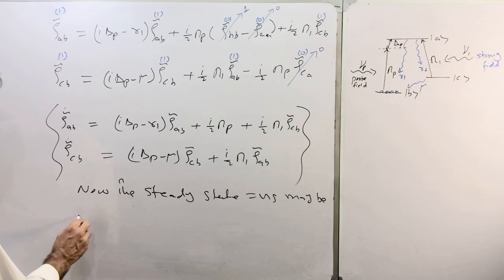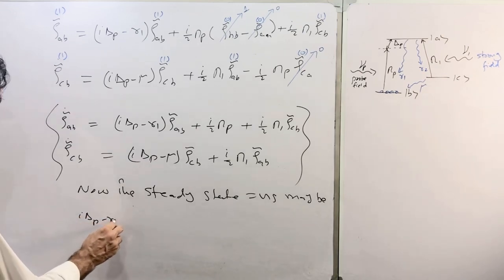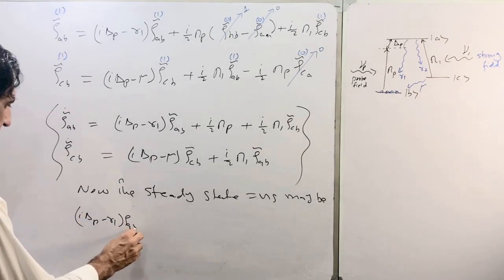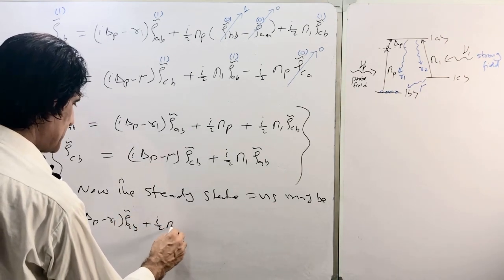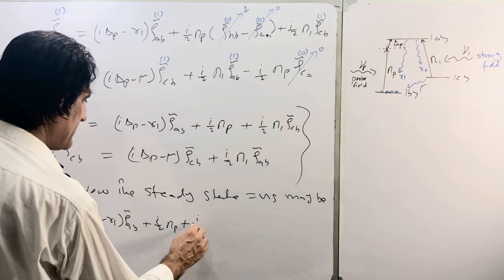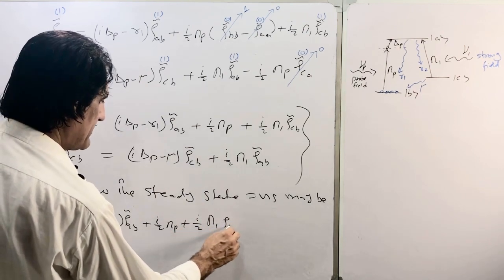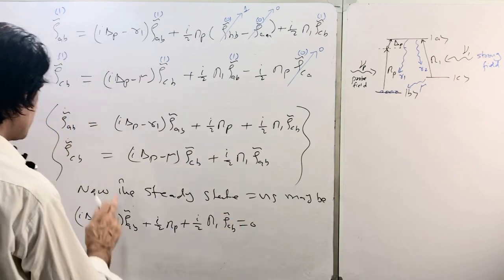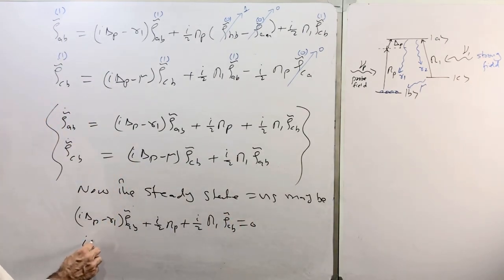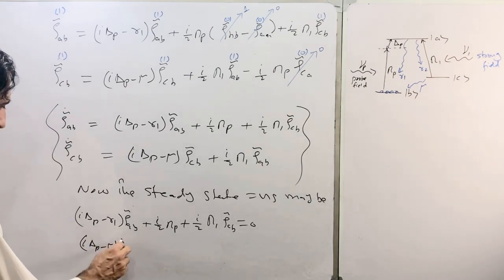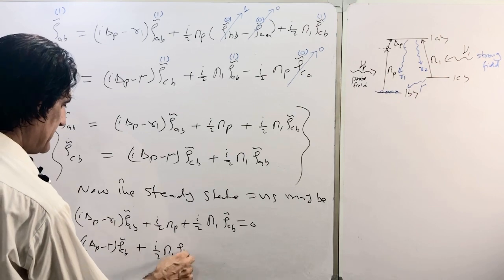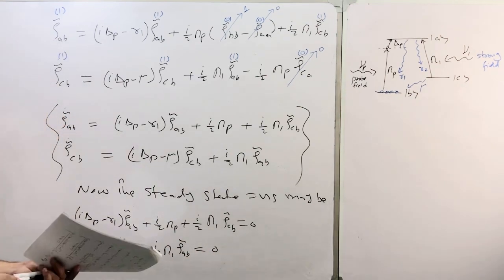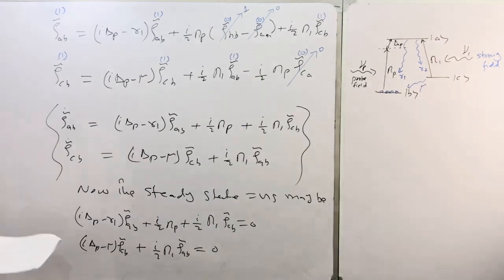So write down: iota delta P minus gamma 1 rho AB plus iota divided by 2 omega P plus iota divided by 2 omega 1 rho CB, which is equal to 0, and this is also equal to 0: delta P minus gamma rho CB plus iota divided by 2 omega 1 rho AB, which is equal to 0. So we have these two equations.